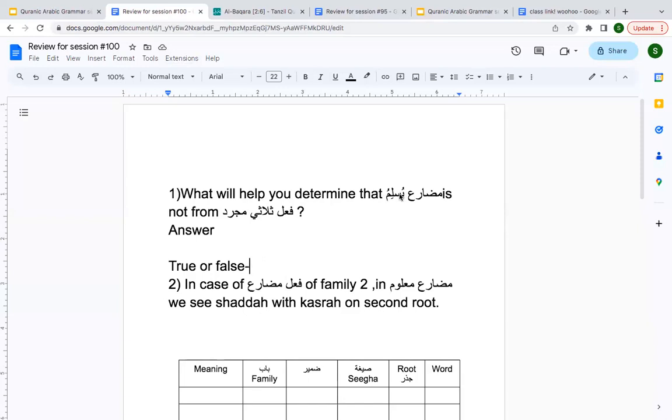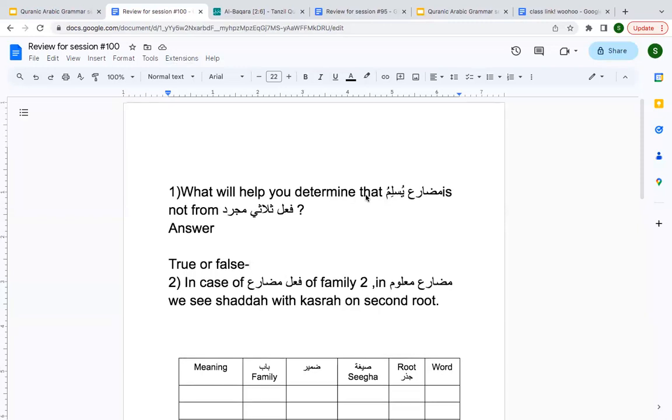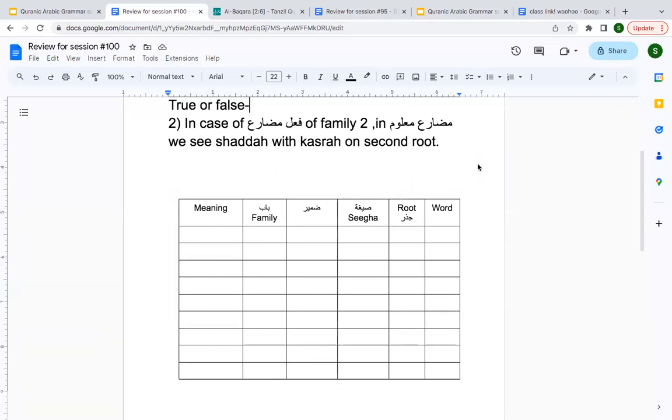Everyone got it? Type 1 if you have. Alhamdulillah. My dear sisters, I have put this table for you all in the last review.